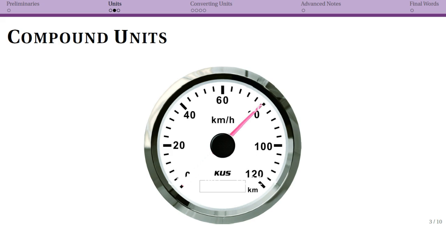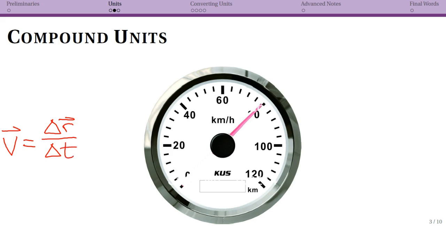So you know that there are quantities that we talk about, either in real life or in science, that aren't measured in meters, kilograms, or seconds, and these are going to be compound units. So for instance, I want to think about an equation for average velocity, where this is equal to the displacement vector divided by the time elapsed.